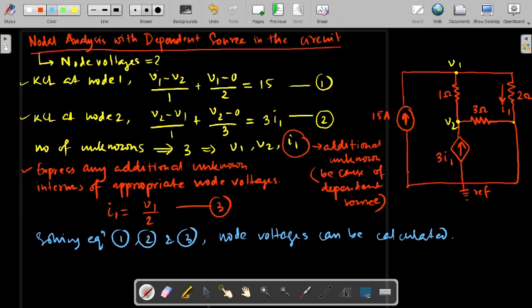So is it understood what is the extra thing that is introduced when there is a dependent source present in the circuit?